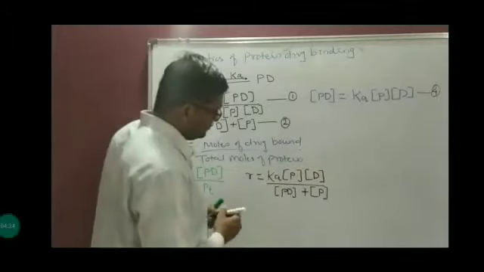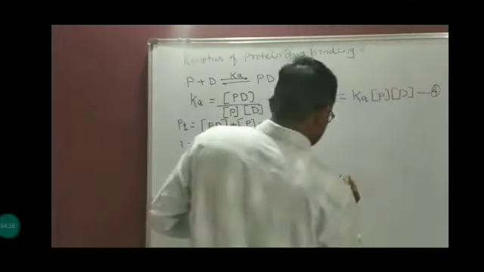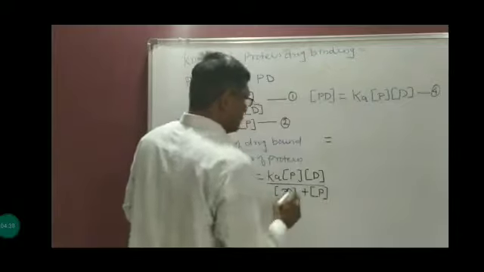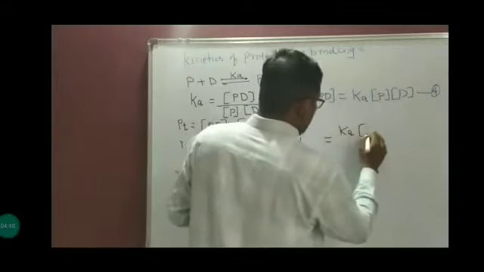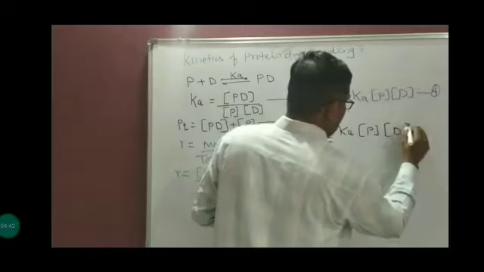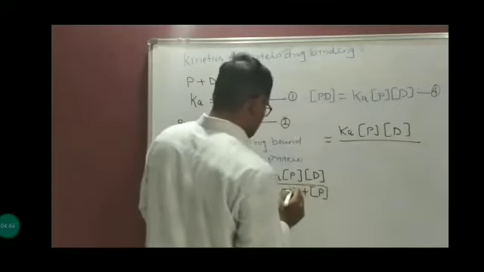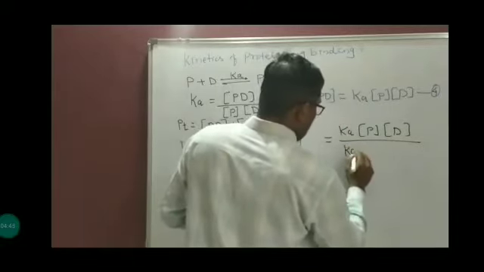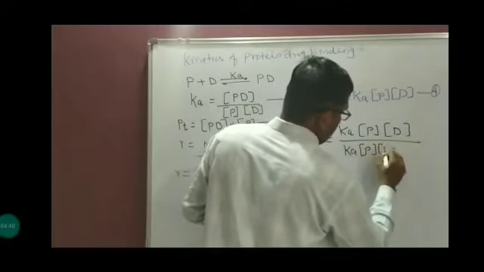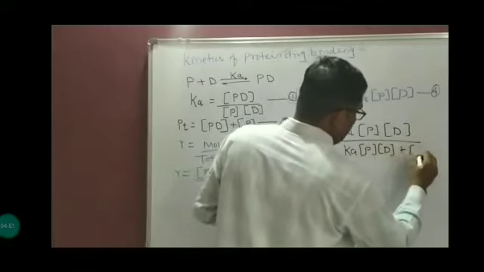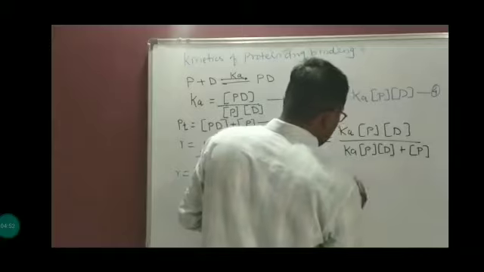It becomes Ka into P into concentration of D divided by Ka into P into concentration of D plus concentration of P. Remove the common P, cancel it.